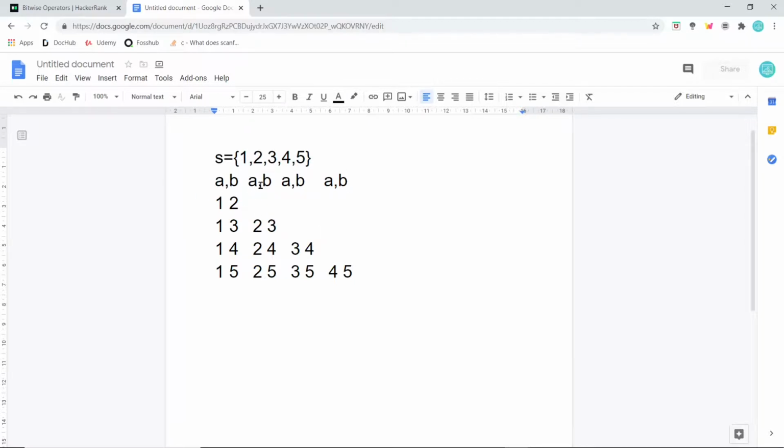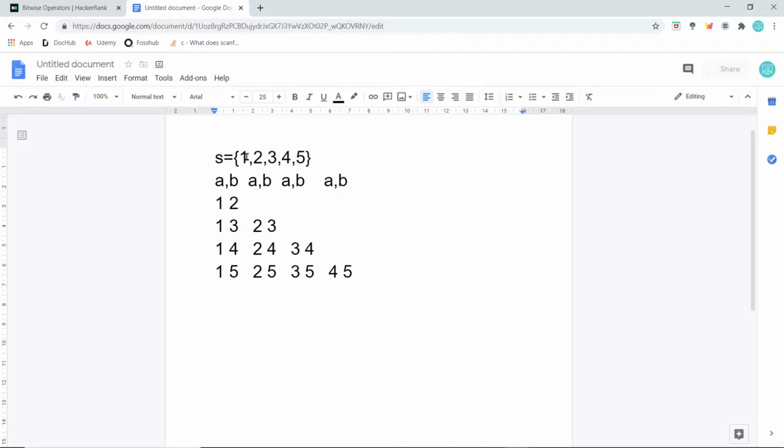Okay, and the second column contains 3 options. Let's see how this came. The first number that we decided was A is equal to 1. We increase this by 1 and we go to A is equal to 2. Now we check what are the numbers in this set that are greater than 2.